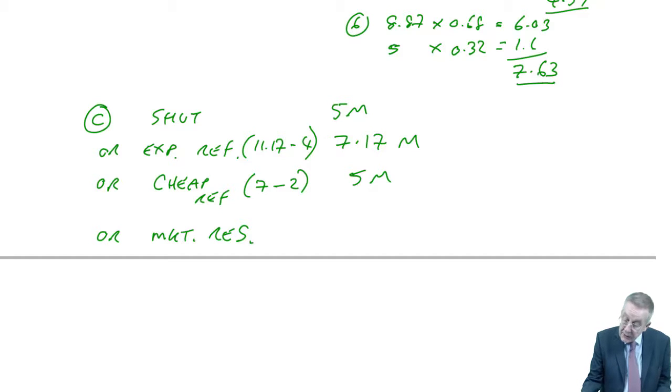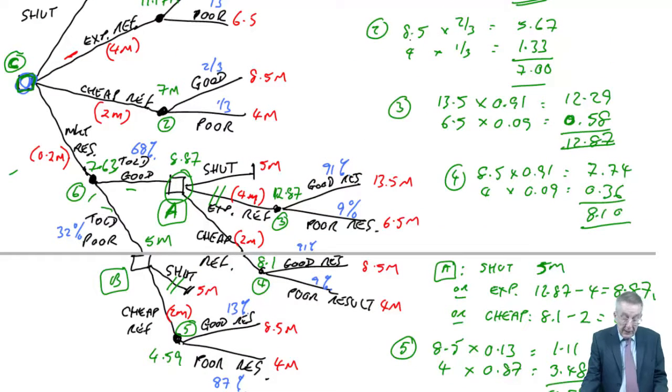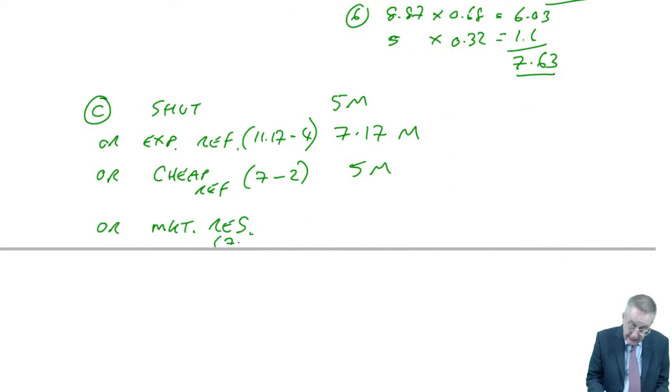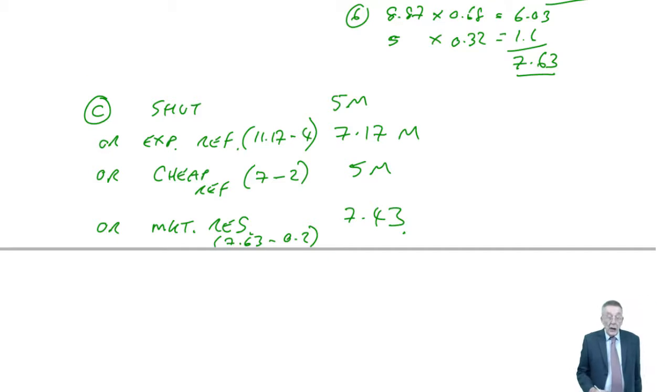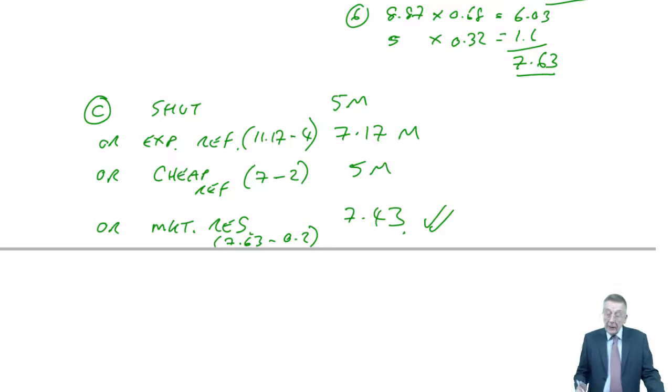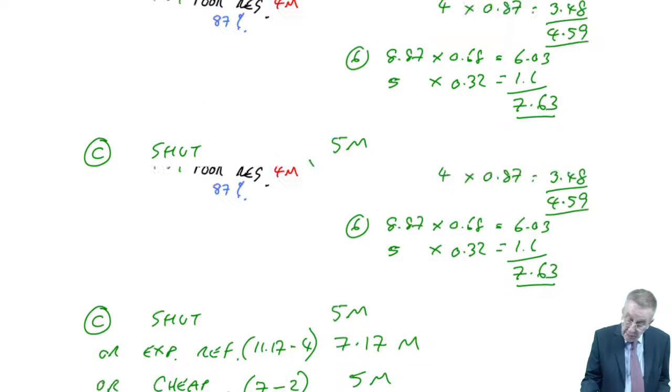And market research, we pay out 0.2 and get back 7.63. It's our choice, and we'll pick whichever is the best of those 4. The best is in fact to do the market research, 7.43.